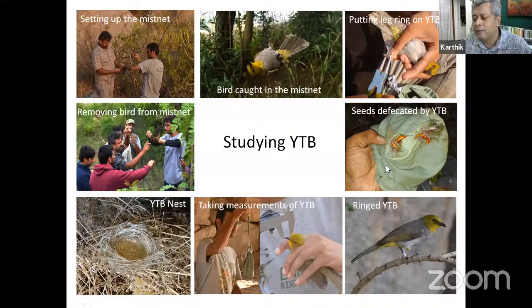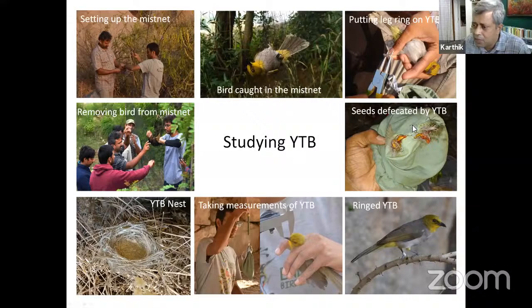See how he's holding it between the first index finger and the middle finger, and the rest of the body is covered by the fingers, and the legs are hanging freely. So you should not hold the bird by the leg. He's also holding the neck and the body here. The legs are also held tight, and then the ring is fixed.